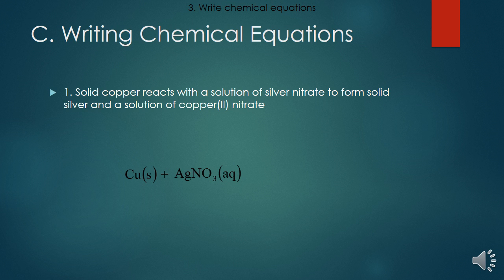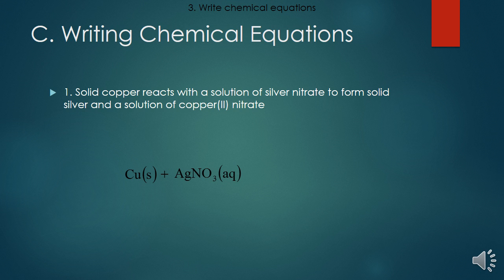We need to be able to write these formulas correctly. So the charge on a silver ion is 1 plus, the nitrate's 1 minus, so AgNO3. And notice we're told it's a solution. So again, we just mentioned this. If it's a solution, that tells us it's dissolved in water, unless we're told specifically it's dissolved in something else. So AQ or aqueous would be the physical state.